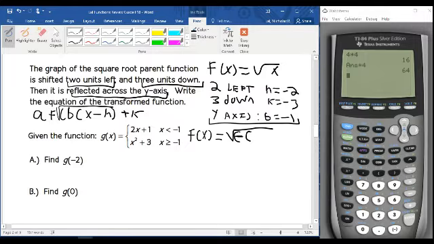So we have a negative sign inside the square root function, then h is negative 2, so x minus negative 2 is going to be x plus 2. And then 3 units down, that k is on the outside. This is going to be minus 3. So that's that answer right there.